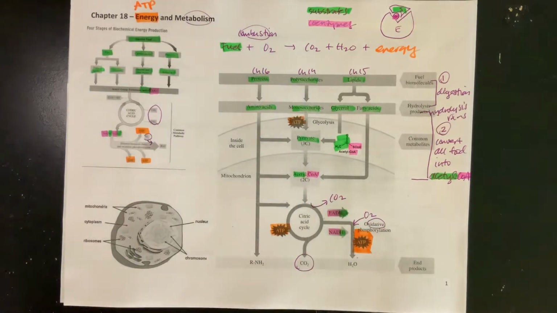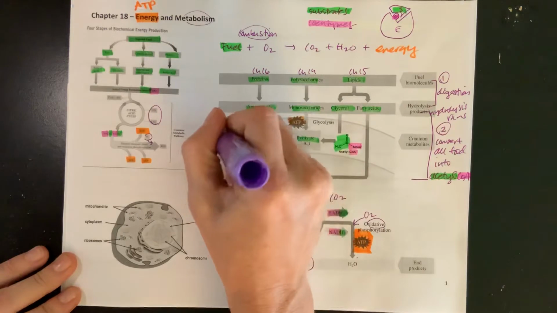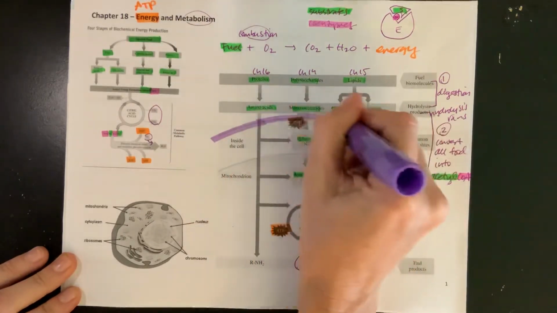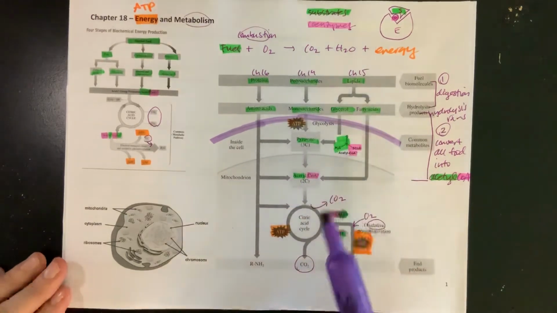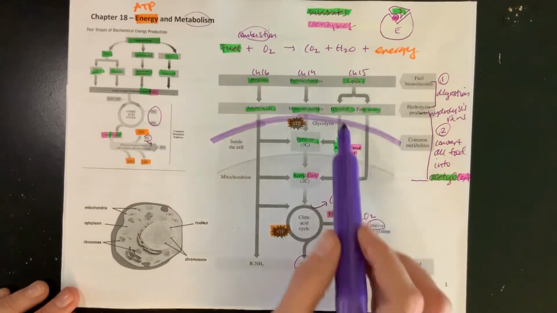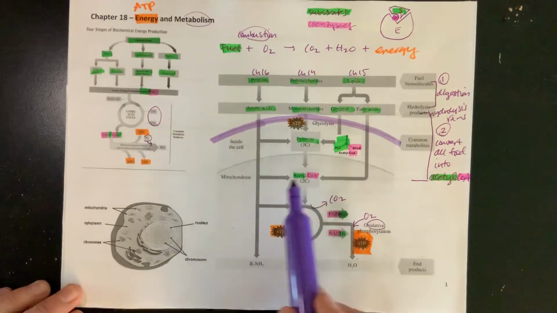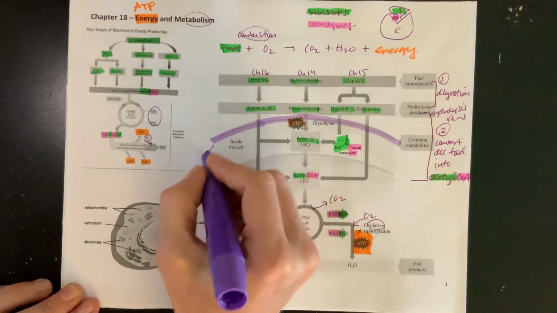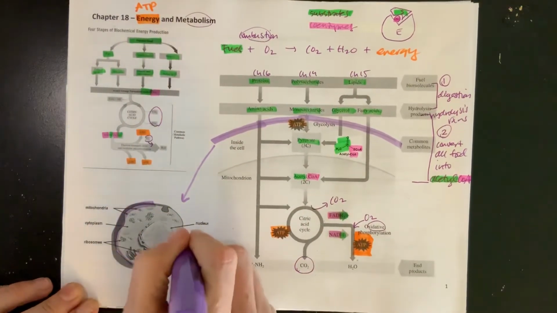At this point also, I want to point out to you that we have moved inside of the cell. So digestion is going to happen out in the digestive system, in your stomach and your intestines, and then those smaller pieces are able to move into the cell. So we're working in the cytoplasm or in the mitochondria. All right, over here, if we can see this in a cell, this big purple would be the cell membrane here.